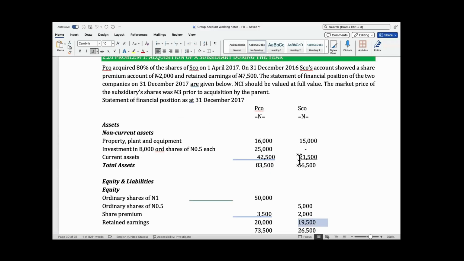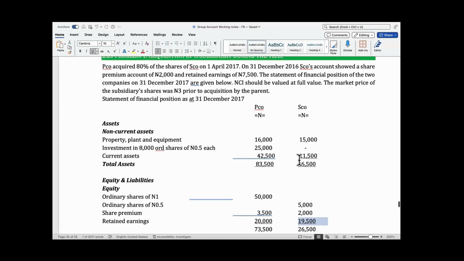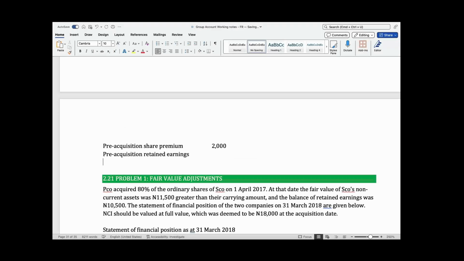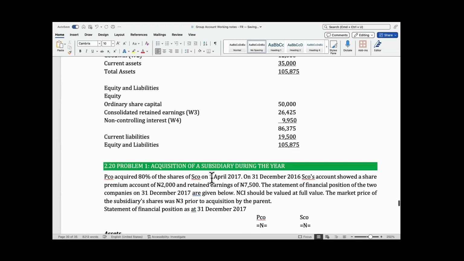From 7.5 to 19.5, by 12,000. So my retained earnings as at April is the 7.5 as at December last year, and I bought this company on the 1st of April.